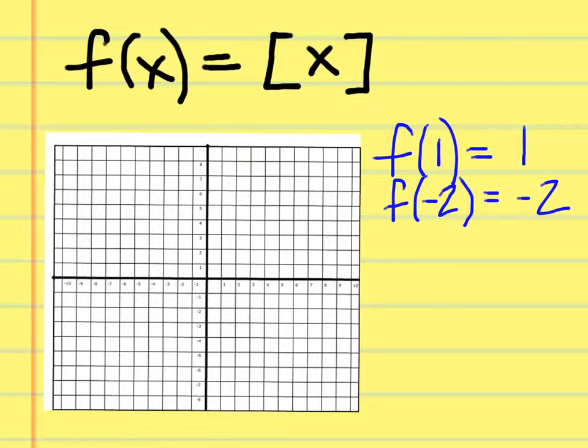But if I put in something like f of -3.5, then you're going to come out with something different than -3.5. What is the greatest integer that's less than or equal to -3.5?